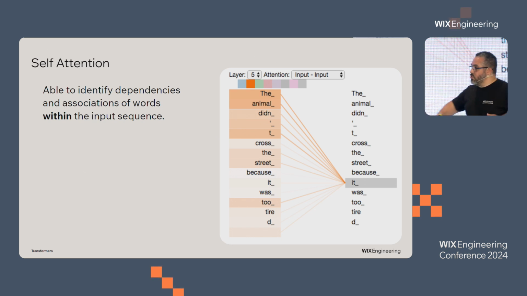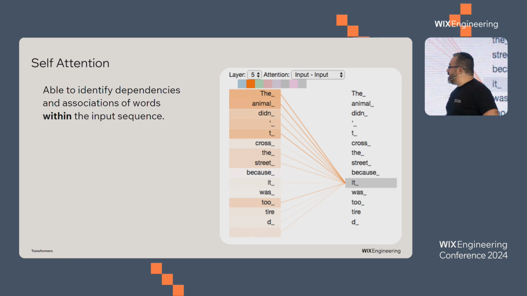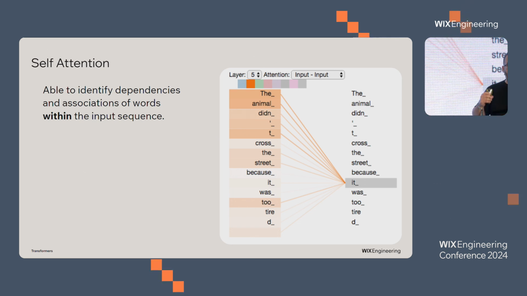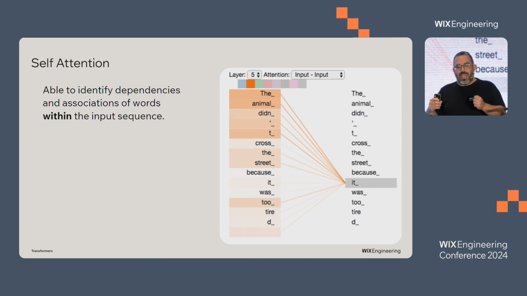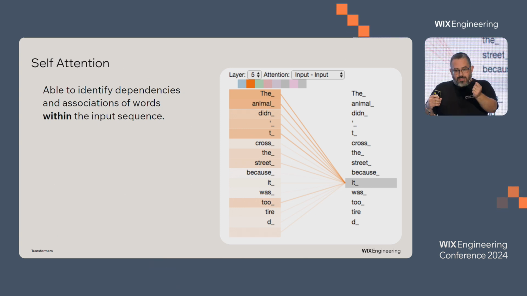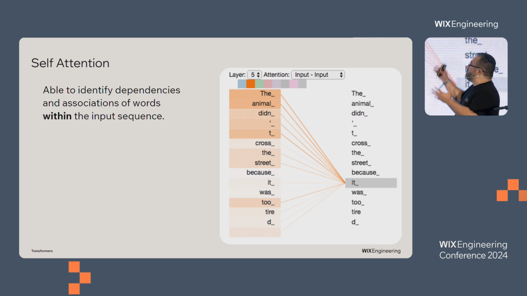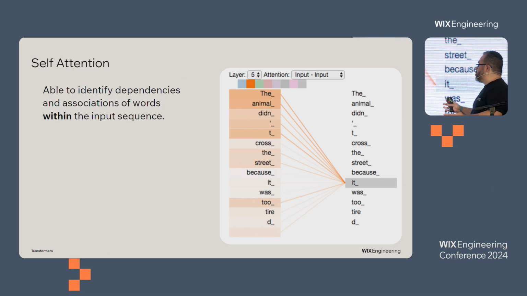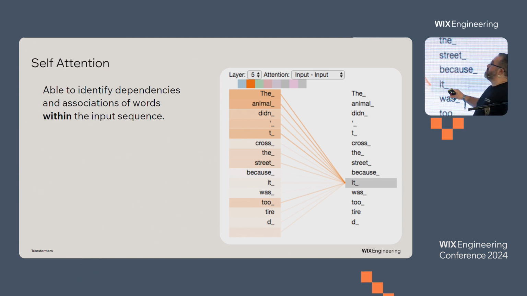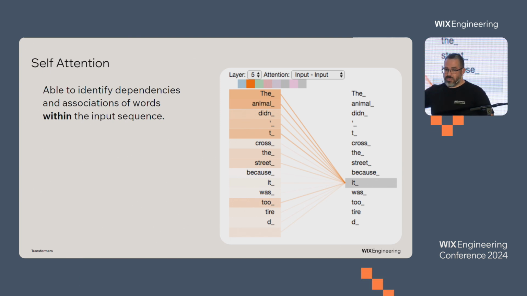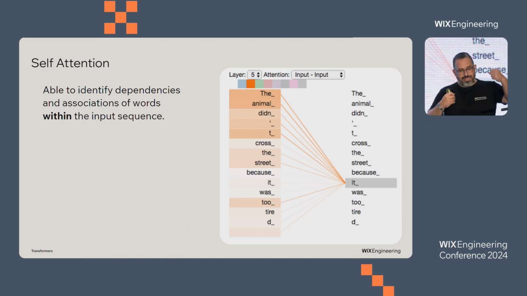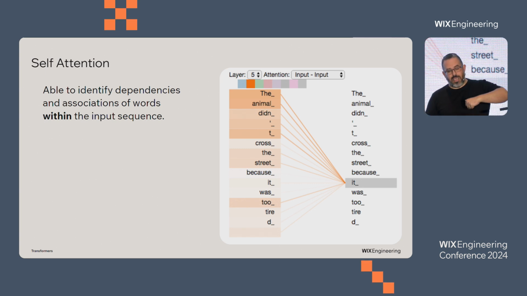So what we're trying to do with self-attention is see which words in the input sequence have an impact on which other words in the input sequence. So for example, in this case, the animal didn't cross the street because it was too tired. We can see that the word it attends to the word animal. There's a dependency between the word it and the word animal.